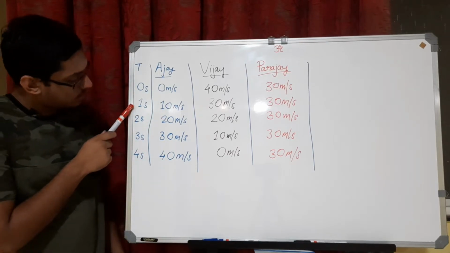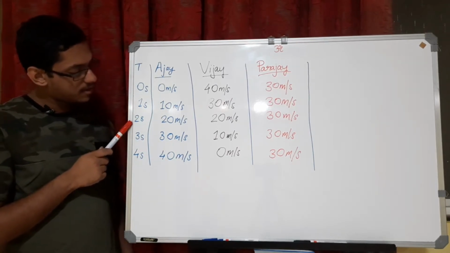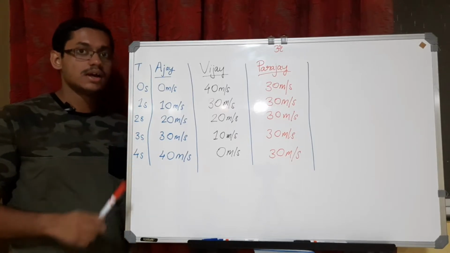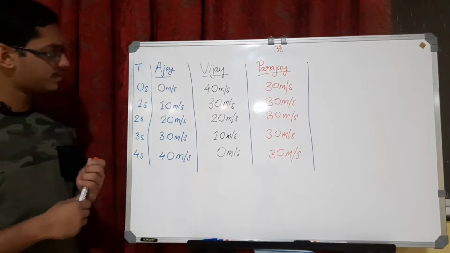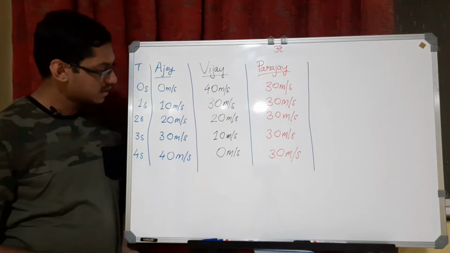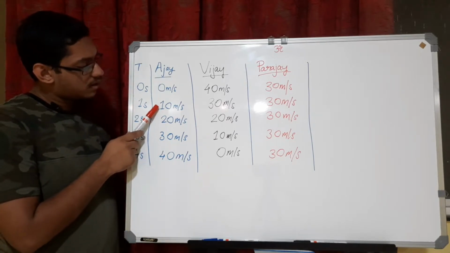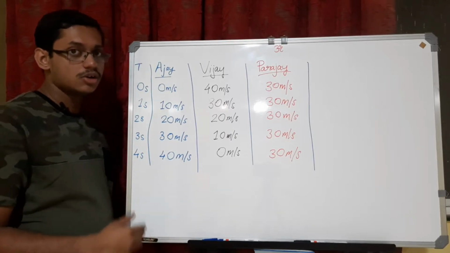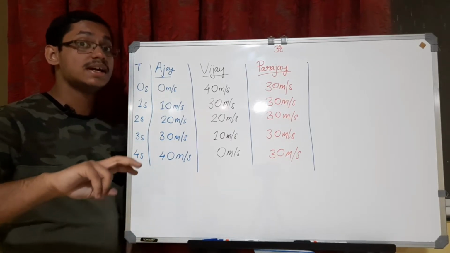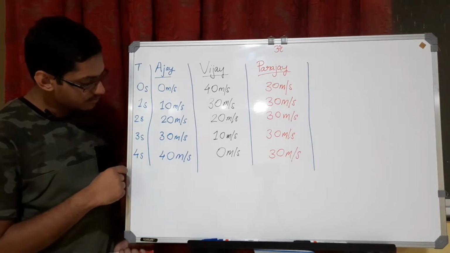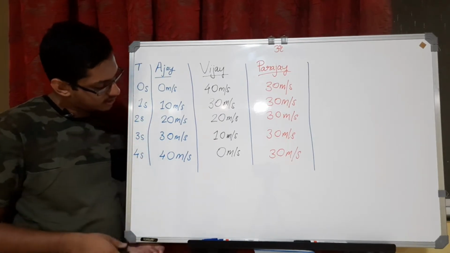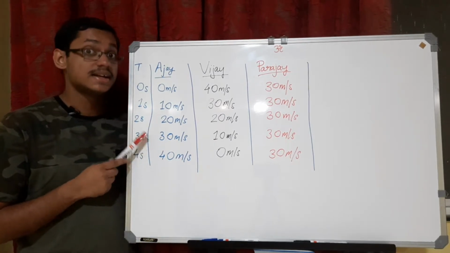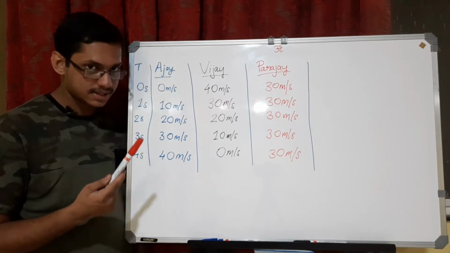Then see the time interval between 1 second and 2 second, what is the difference? 1 second only. So in the next 1 second, his velocity became 10 to 20, meaning 10 meter per second increased. Then again 10 meter per second increased, 10 meter per second increased.